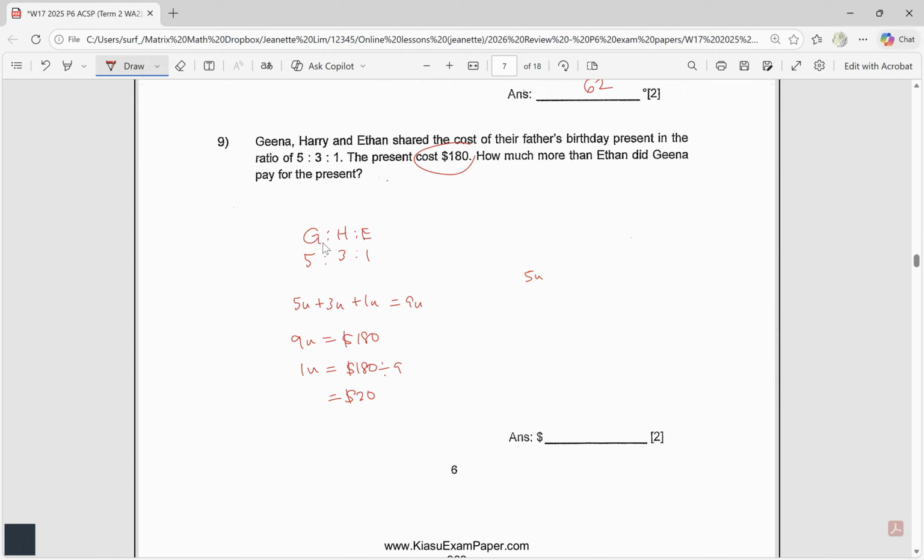So E and G, the difference is 4 units. So 4 times 20, which is $80. Okay, sorry, dollars is given.